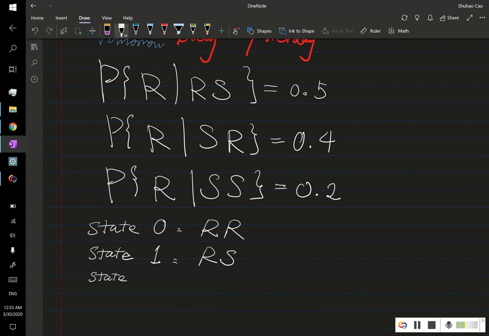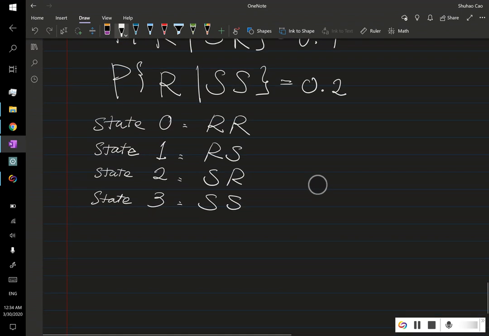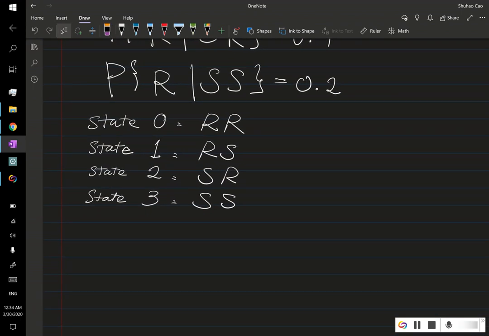State 2: it rained yesterday, but not today. And our last state, state 3: it did not rain yesterday, nor today. And now we can transform this into a Markov chain.